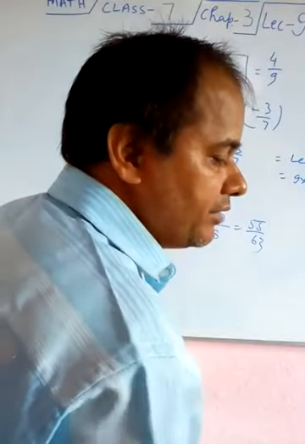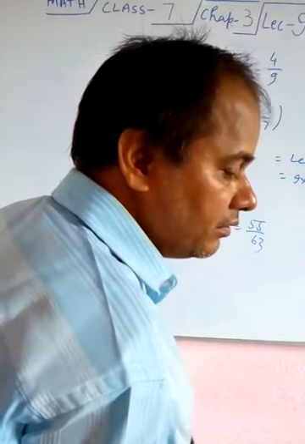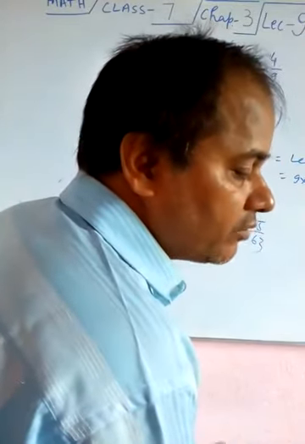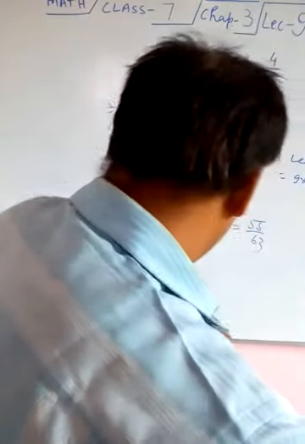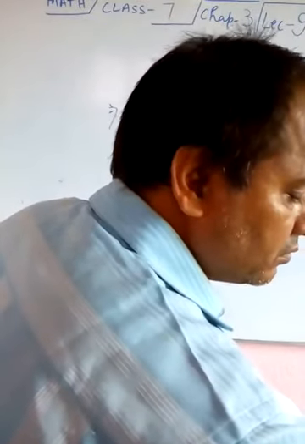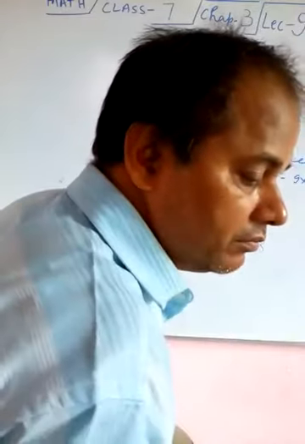Next example is 23. What should be subtracted from minus 1 by 7 to obtain minus 5 by 21?